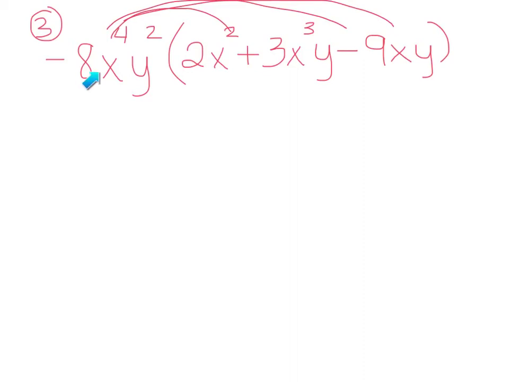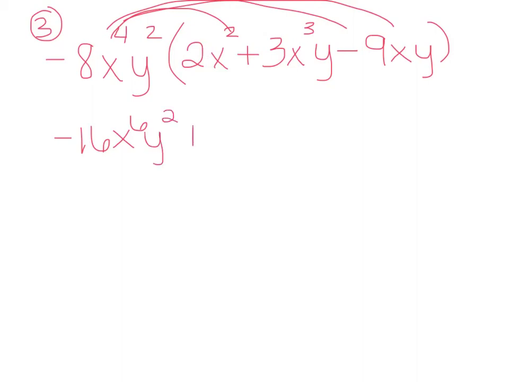We're going to take negative 8 times the 2 to give you negative 16. Then we take the x's and add the exponents, so 4 plus 2 gives you x to the 6th, and there's no y's in this one, but there are here, so we just have y squared.